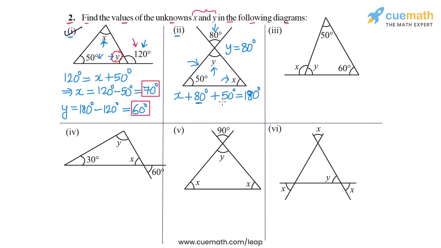So 80 plus 50 is 130. From this equation, I will get x is equal to 180 minus 130, or 50 degrees. So in part 2, the value of x is 50 degrees and the value of y is 80 degrees. And this completes part 2.